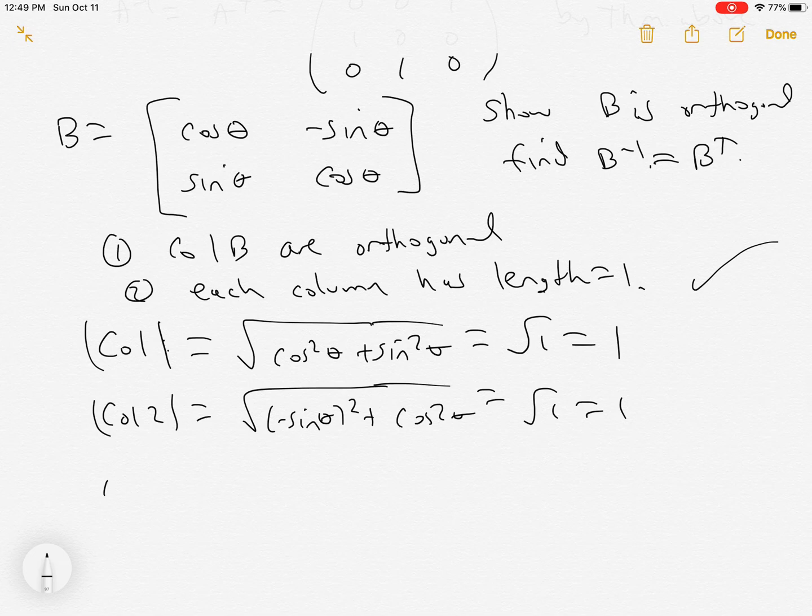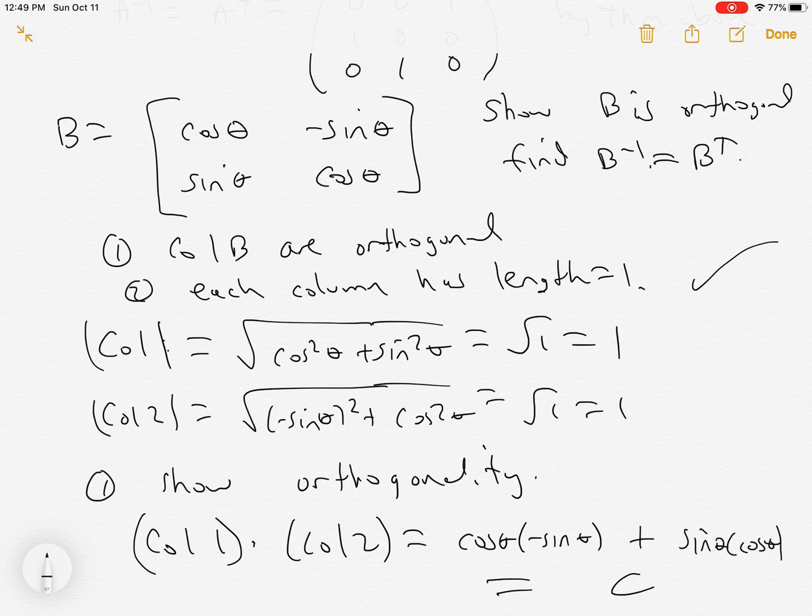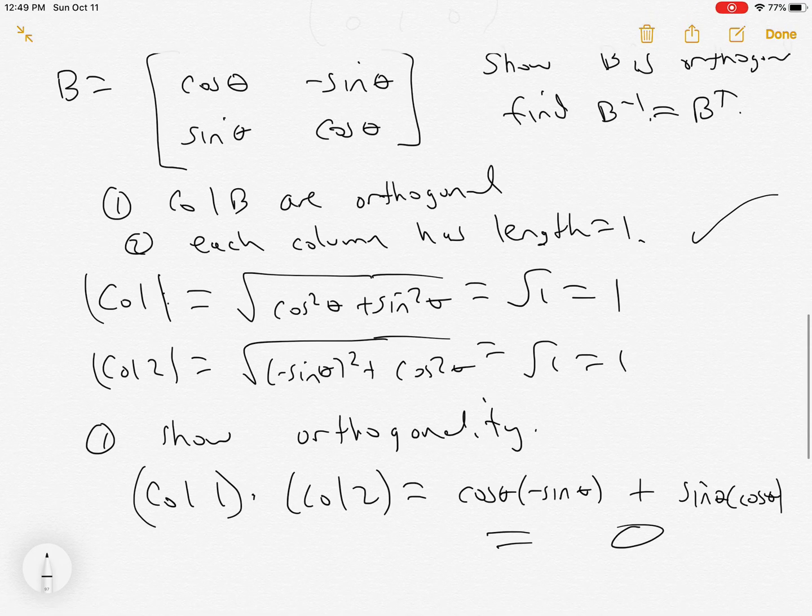And now we want to show orthogonality. So we take column 1 and dot it with column 2, which is cosine theta times minus sine theta plus sine theta times cosine theta, and that equals 0.